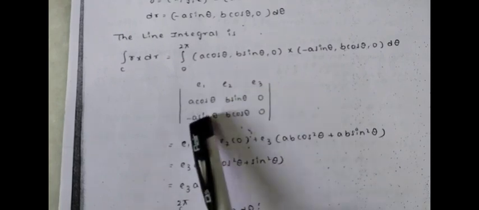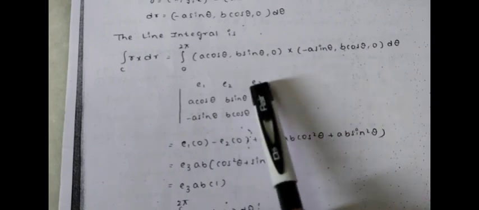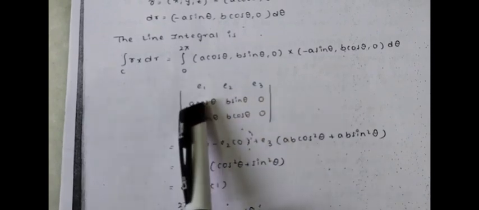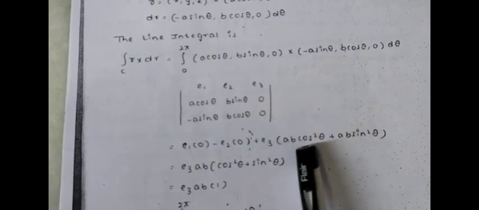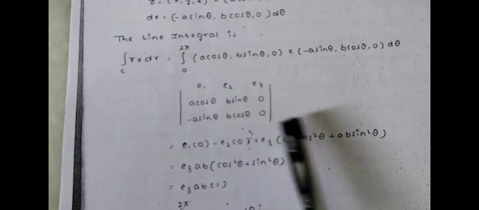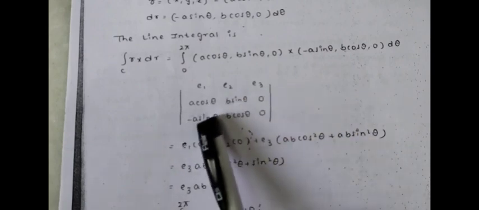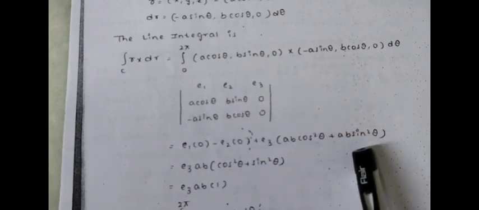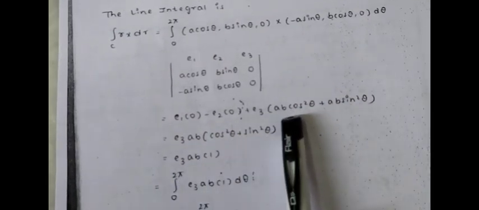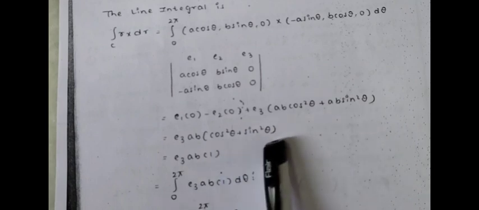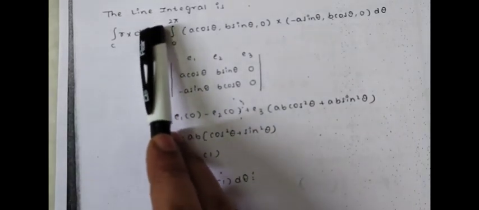So 0 minus 0, 0, plus e3 into the corresponding row and column cancelled, and take the determinant of this matrix, that is ab cos into cos, cos square theta, minus into minus, plus ab sin square theta. Okay, now e3 into ab as it is, take ab common, cos square theta plus sin square theta, that is 1.